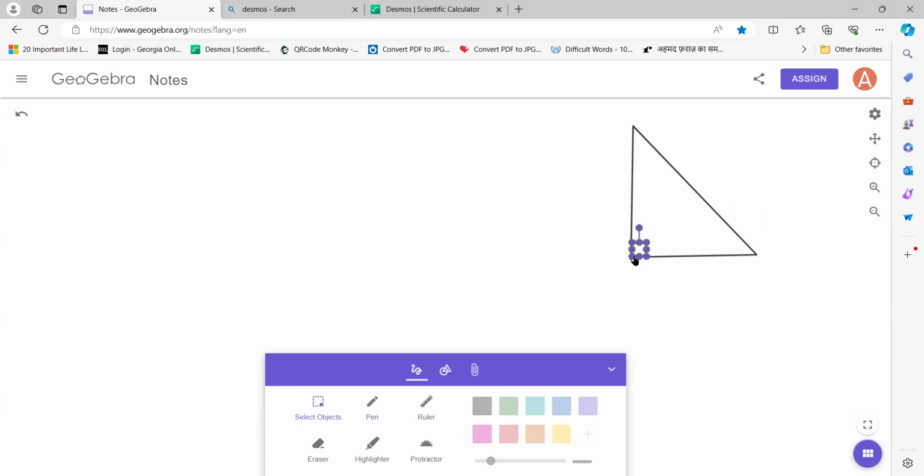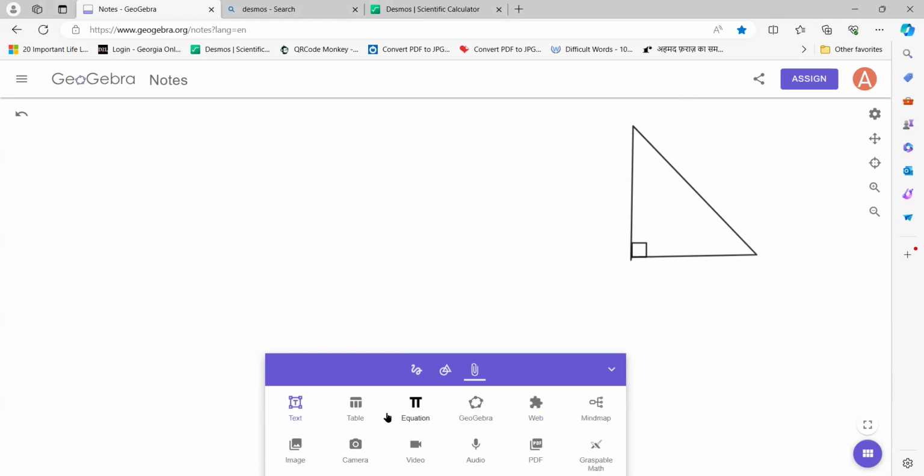Now, the two sides, this side and this side, are called legs. Let's say they are A units and B units long. And the side that faces the right angle is, let's say, C units long.